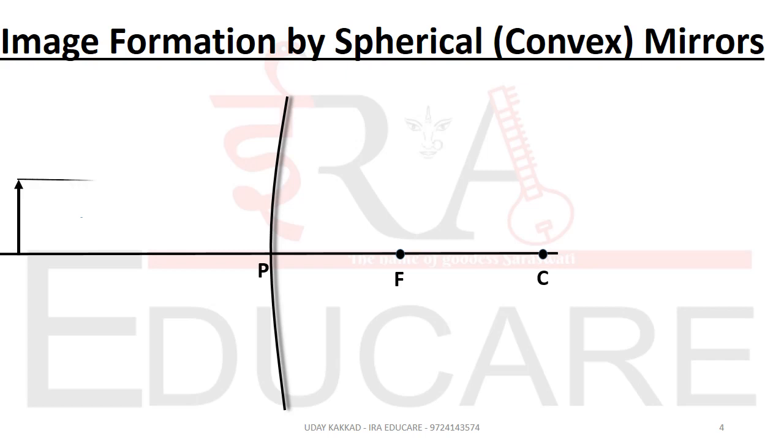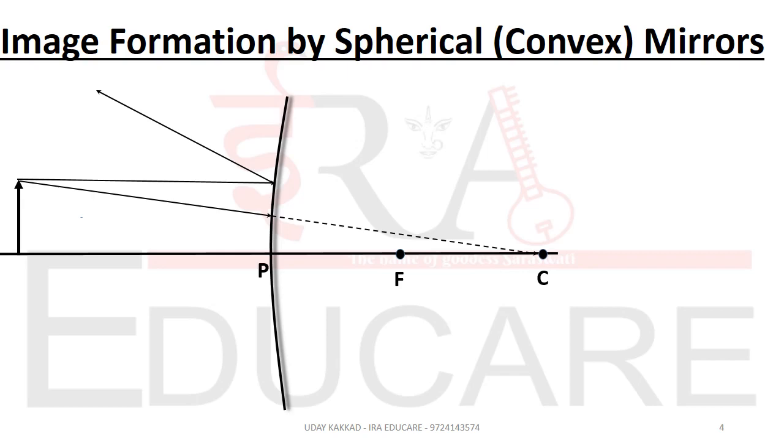So now let's take the rays. One ray is parallel to the principal axis, so it diverges. Another is passing through C. Here this is diverging, so that's why we take one ray from the focus point, like this.